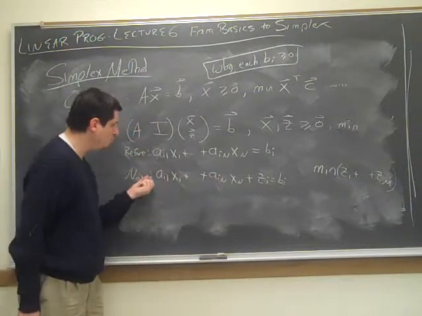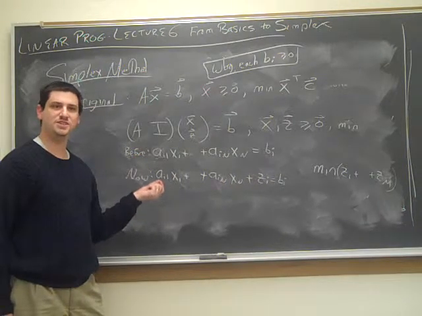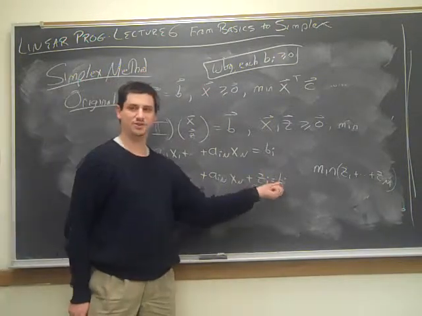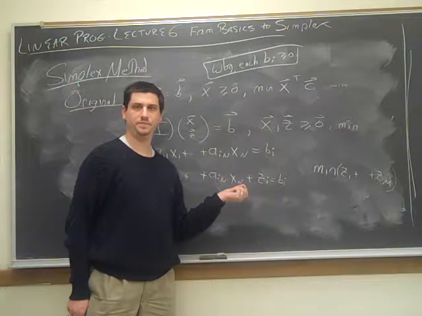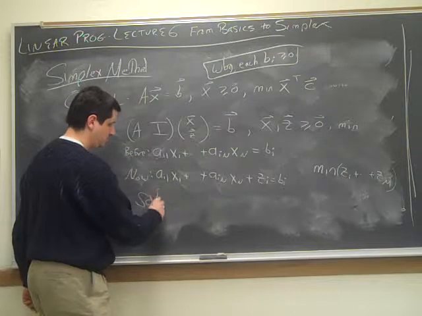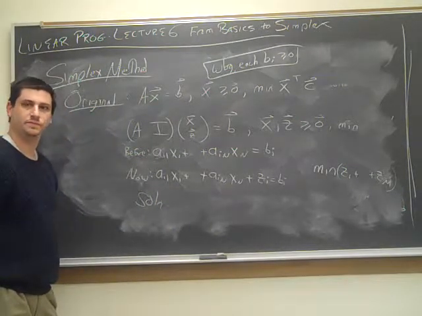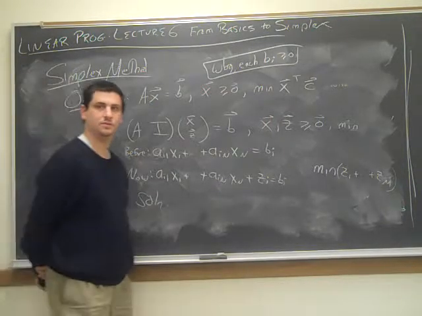Can you give me a solution to this with the x's and the z's, where all the x's and z's are non-negative, and it solves this equation? So can you see a solution? Z is 0?